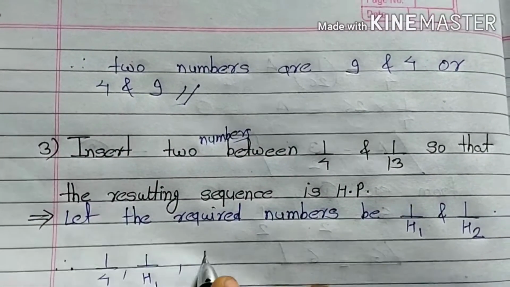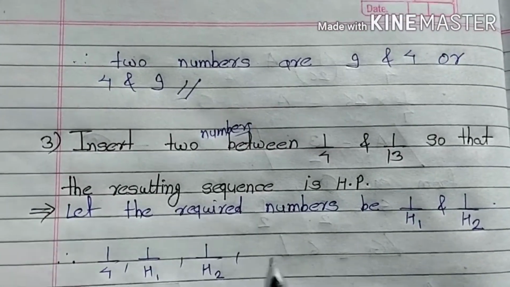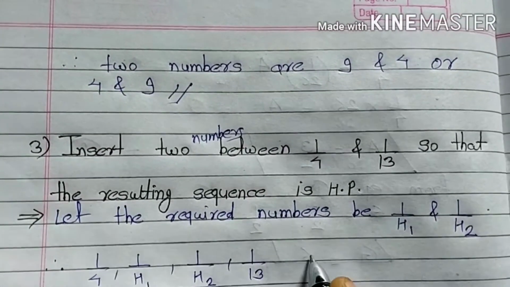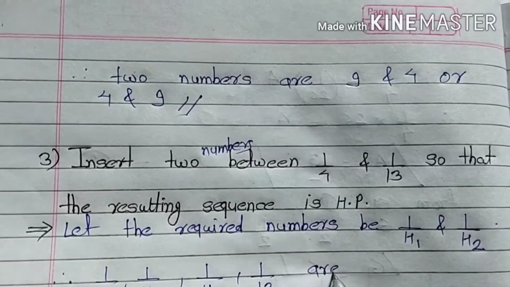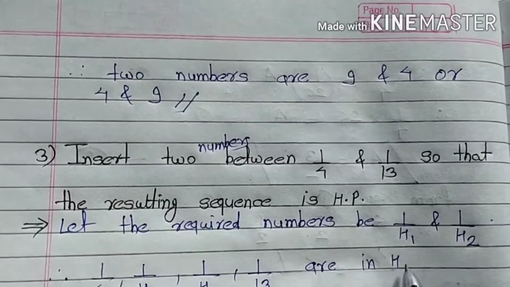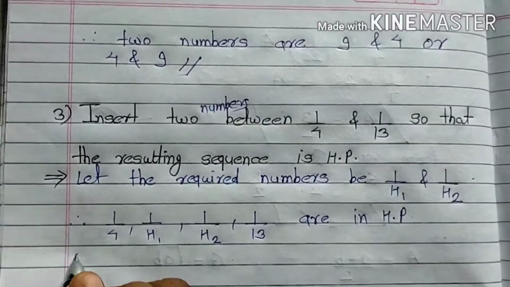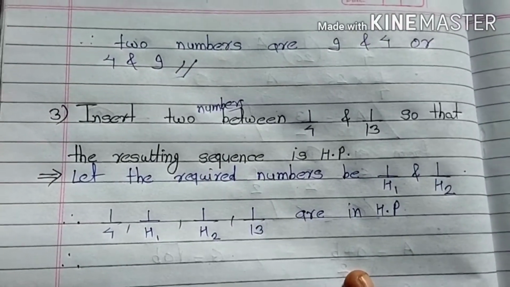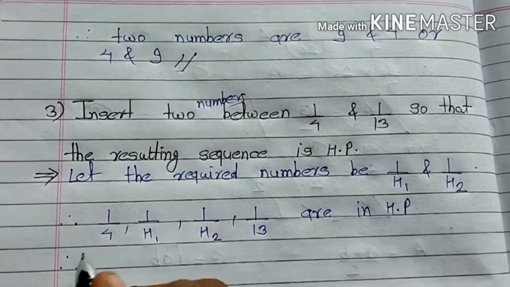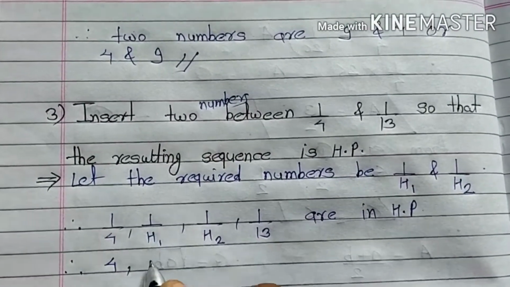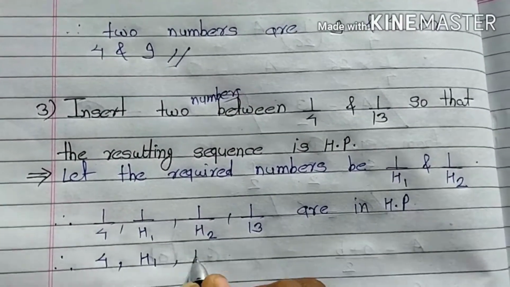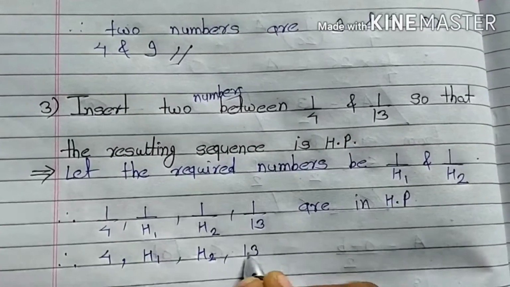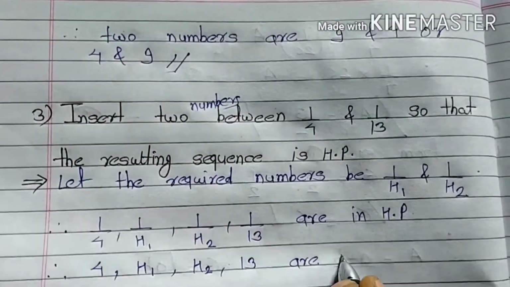1/h1, 1/h2 and 1/13 are in HP. So by taking the reciprocal of this sequence, we get a sequence which is AP. So therefore 4, h1, h2 and this 13 are in AP.